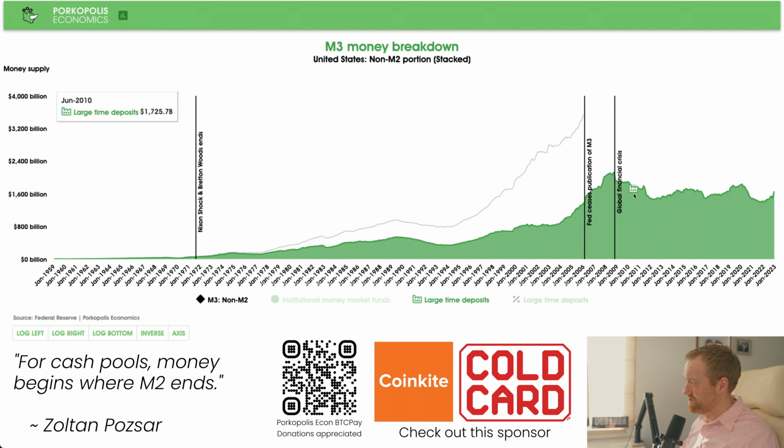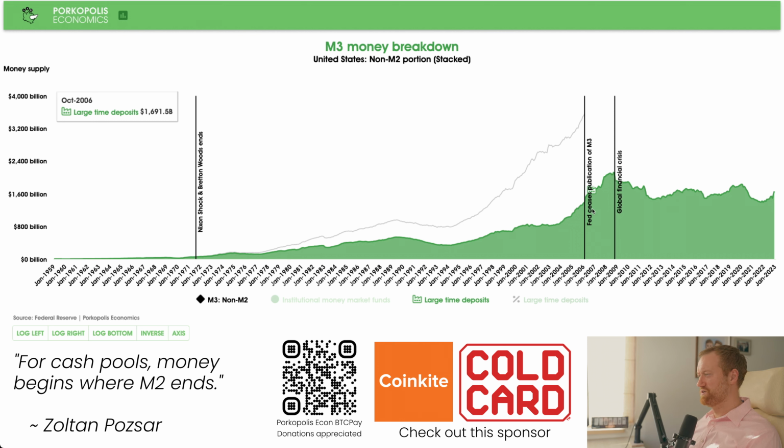They went flat, a few bumps here and there. Even now, the large time deposit balance as of December 31st, 2022, at $1.6 trillion, is lower than the September 2008 balance of $2.1 trillion of large or institutional type time deposits.